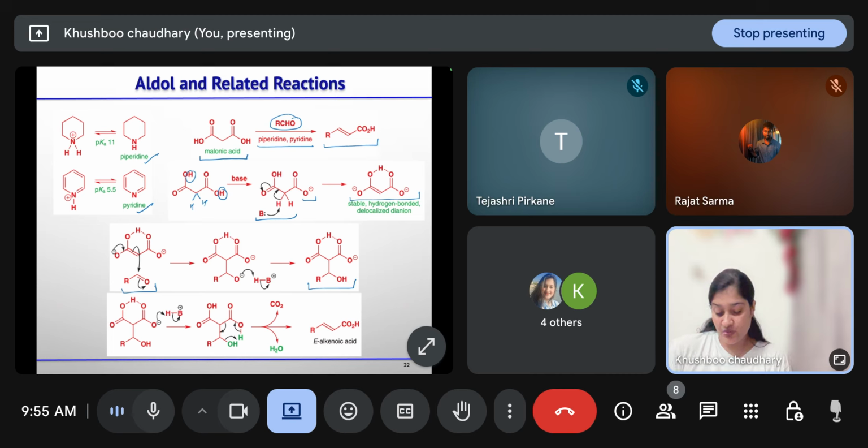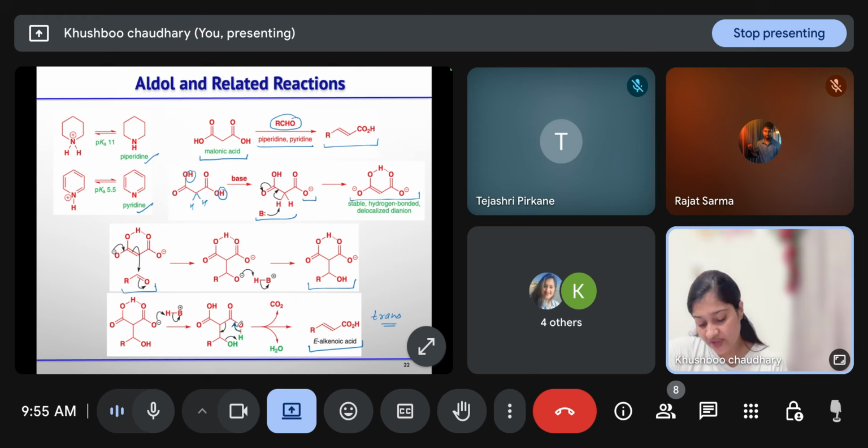After protonation and decarboxylation you will get this alkanoic acid, and trans alkenes are more stable, so in this case the E product will be the major product. So how is this reaction taking place? This OH will form.